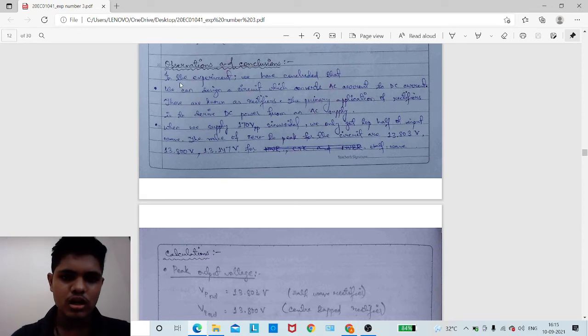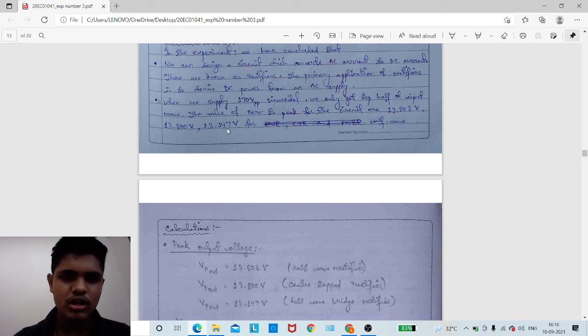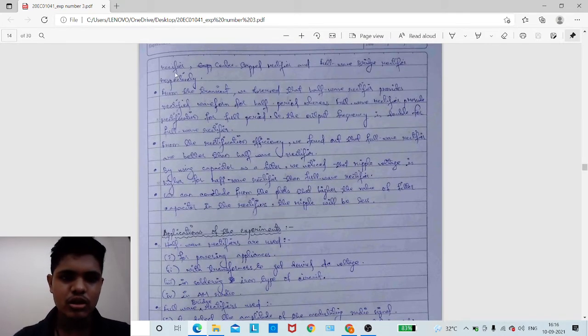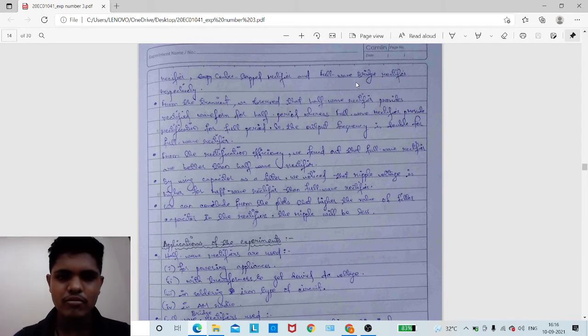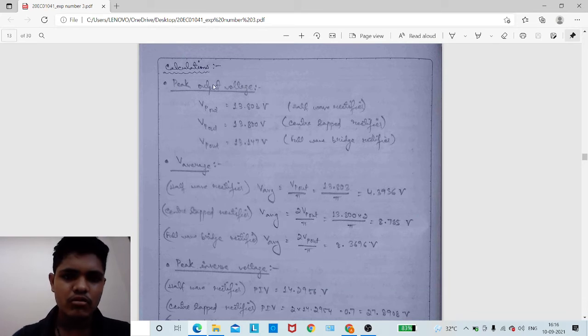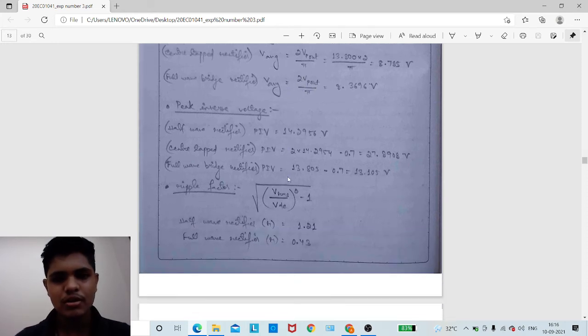These are the observations and conclusions we have got. The values 13.803, 13.800, and 13.147 are the values of peak output voltage for the half wave rectifier, center tap rectifier, and full wave bridge rectifier respectively. Coming to the calculation part, we have found these peak output voltages and V average from the peak output voltage, that is Vp out divided by pi, 2 Vp out divided by pi, and 2 Vp out divided by pi.